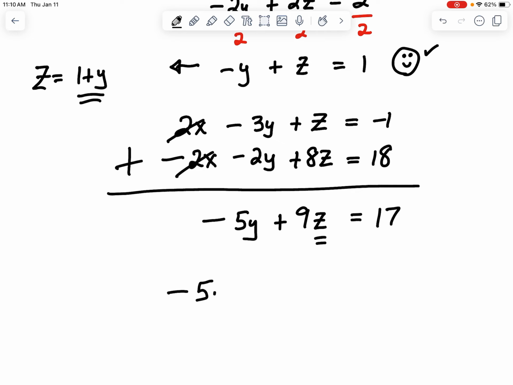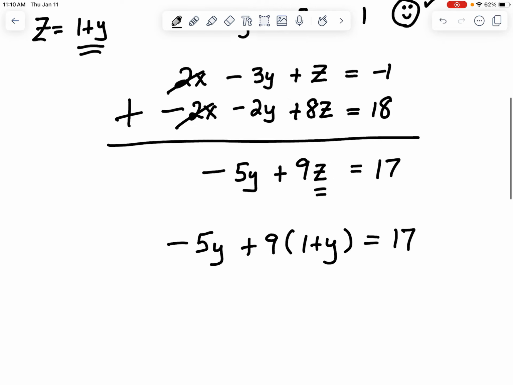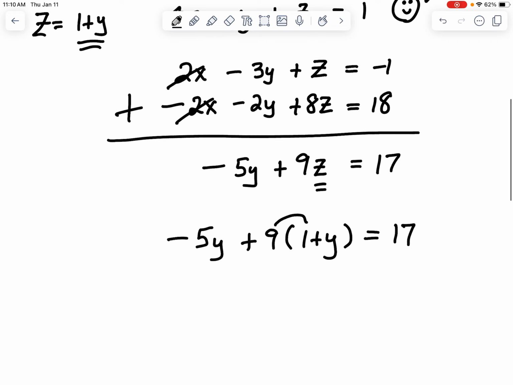So this bottom equation now becomes negative 5y plus 9 times, and then replace the z with 1 plus y, and then it equals 17. And then distribute the 9, so we'll have negative 5y plus a 9 plus a 9y equals 17.